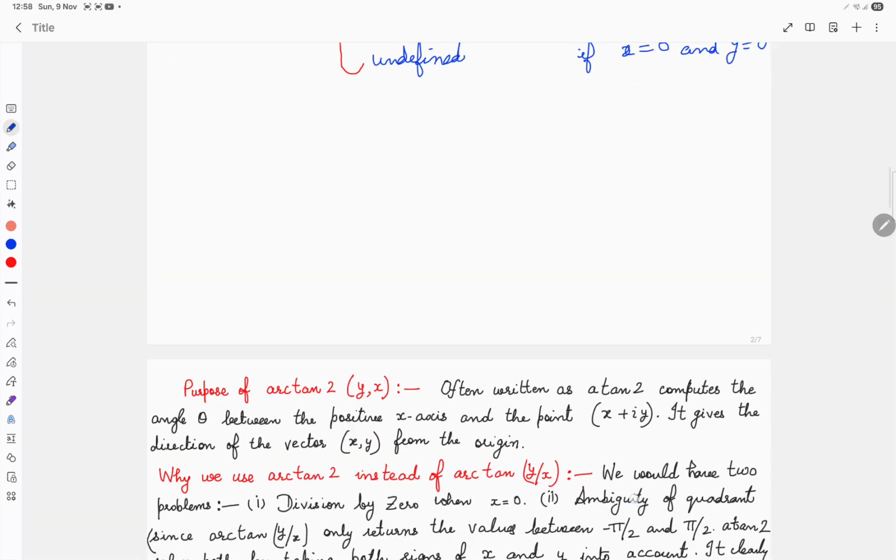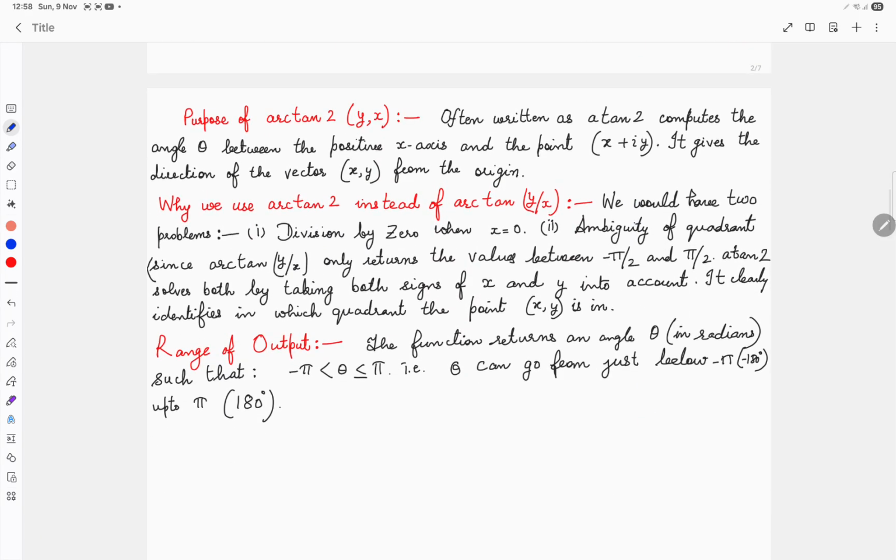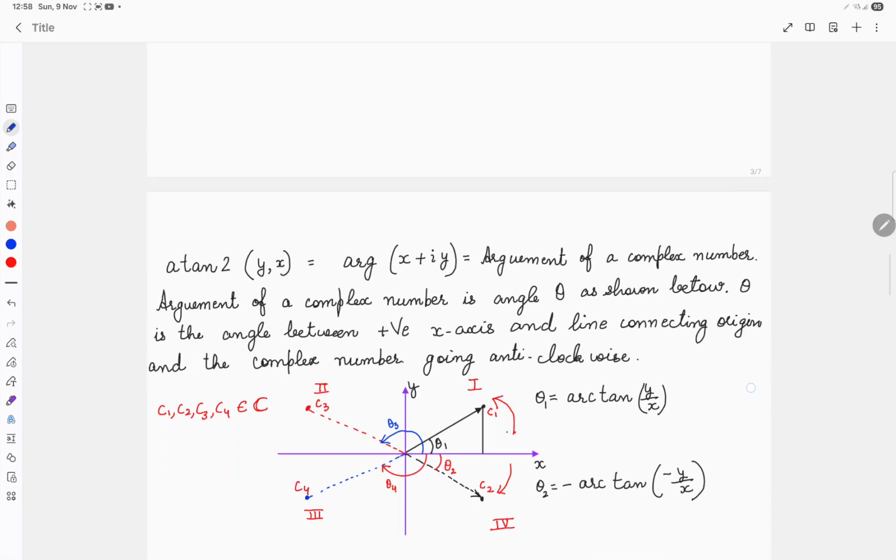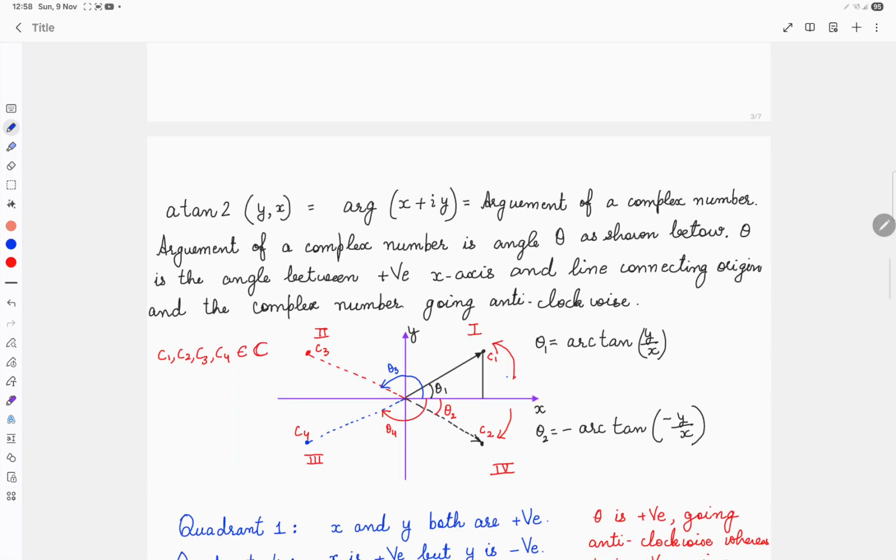In that case, we will have to solve this issue using the arctan2 y comma x function. This function returns angles of theta between minus pi and pi.